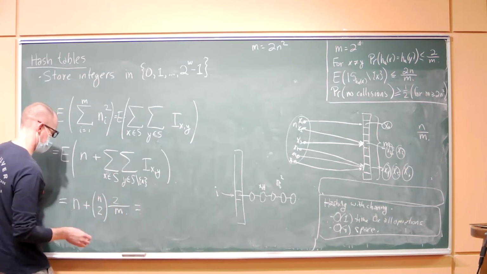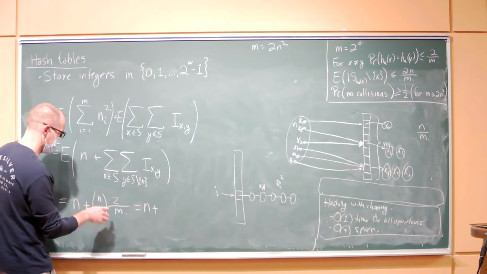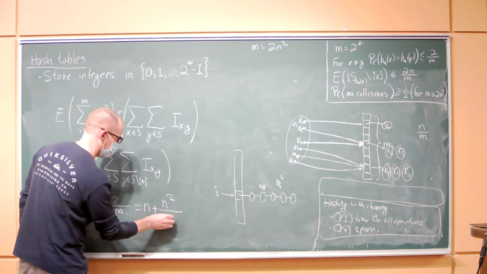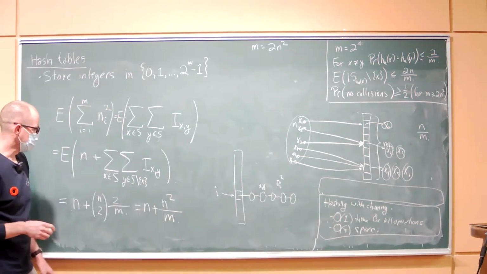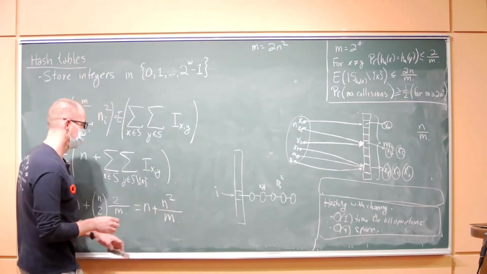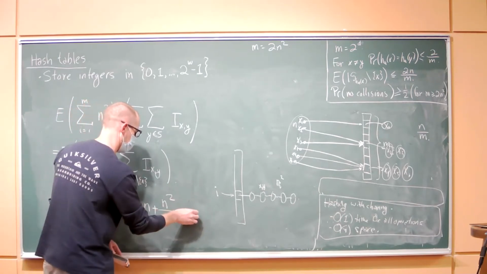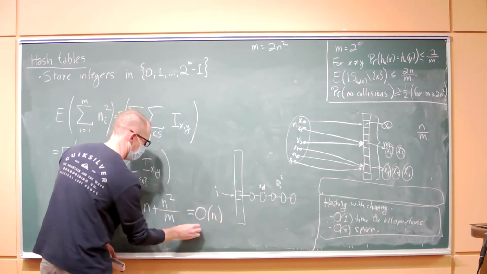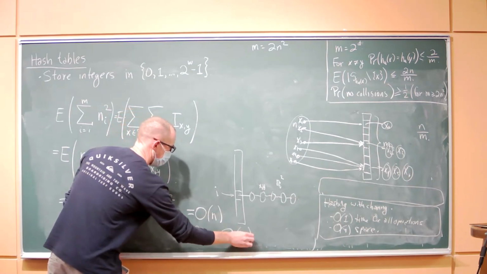So that is n plus, the 2's disappear, n squared on top over m. Well, this looks good now, because let's be really vague about it: this is O of n, provided that m is at least a constant times n.